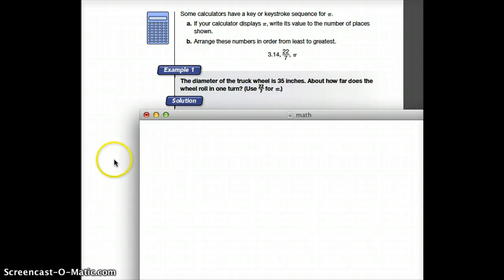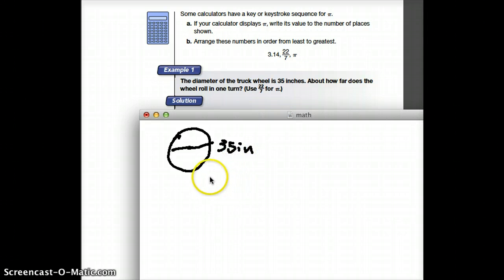The diameter, remember, is all the way across, so the diameter is 35 inches. About how far is it in one turn? One turn would be all the way around.